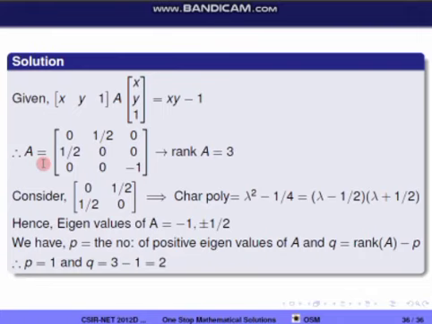So when we substitute that, we get 0, 1 by 2, 0; 1 by 2, 0, 0; 0, 0, minus 1. Here there are 3 linearly independent non-zero rows. So rank of A is equal to 3.